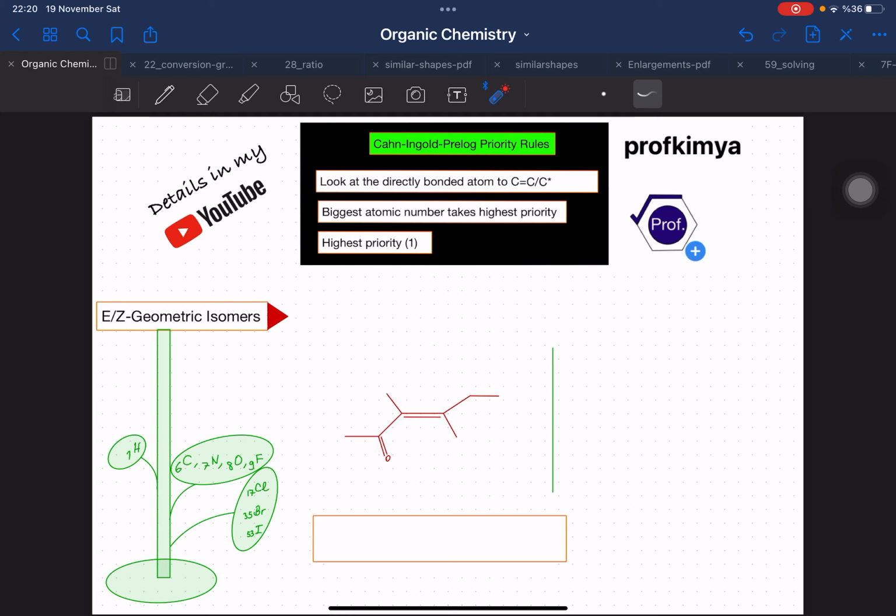Let's find out the longest carbon chain first. 1, 2, 3, 4, 5, 6 is the longest carbon chain, and I will number this longest chain starting from this side, because this carbon has a carbonyl group, and then comes a pi bond.